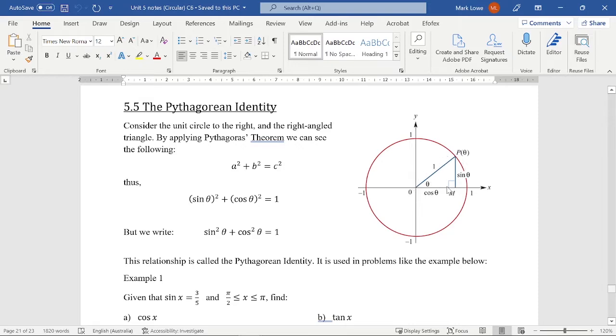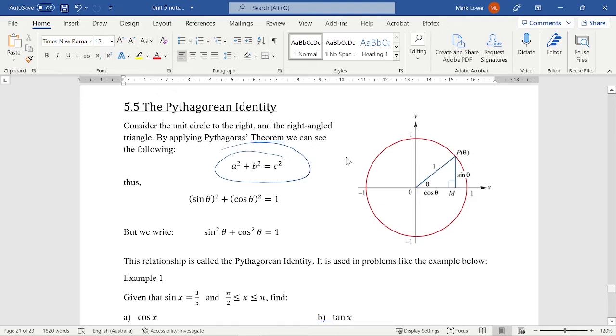Now, if we just consider that right angle triangle and we remind ourselves about Pythagorean theorem: a squared plus b squared, the two shorter sides of a right angle triangle, squared and added together, give us the square on the other side, the hypotenuse, which is c squared.